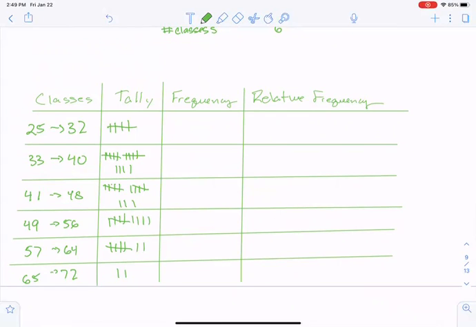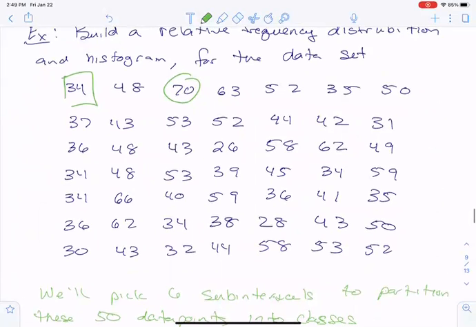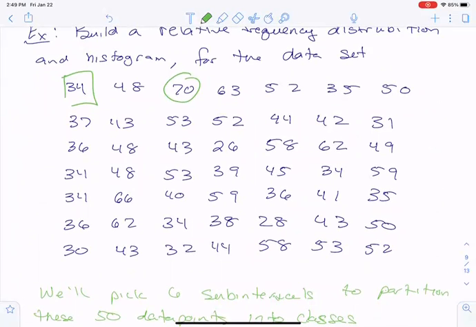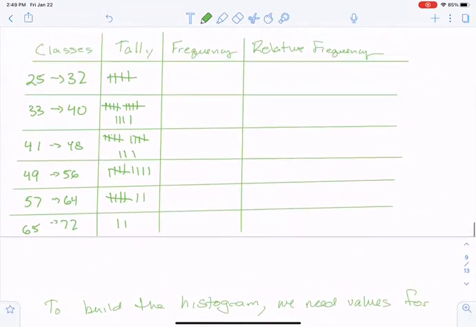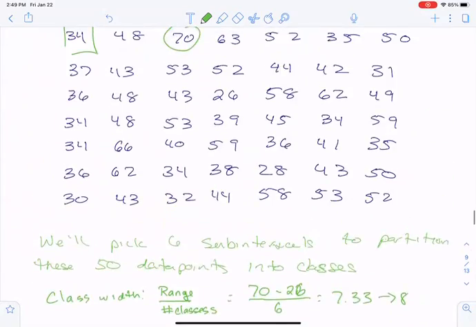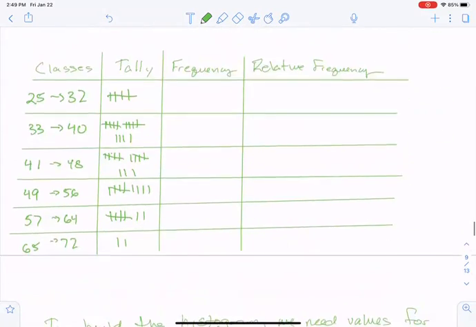The tally is just a good way for us to count. It is hard to just look at a class and say, okay, I'm only going to consider the values between 25 and 32 and try to cancel out values. That is really hard to do. I prefer to tally, so I can look at the data points one by one, say, I got that data point, got that, got that, and I'm putting the tallies in the appropriate classes.